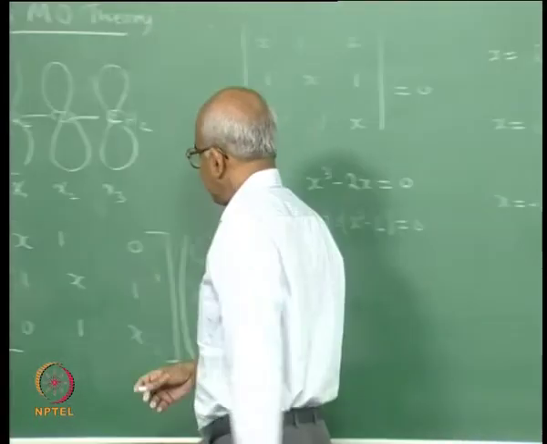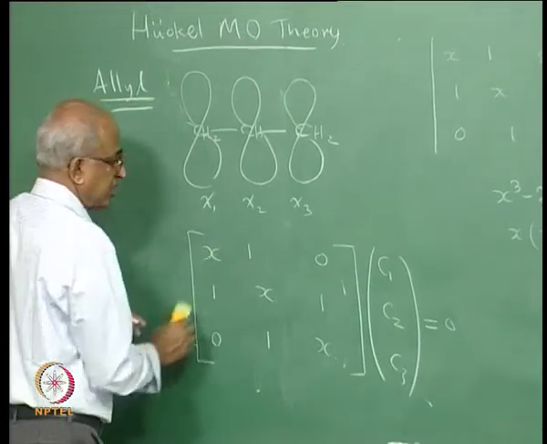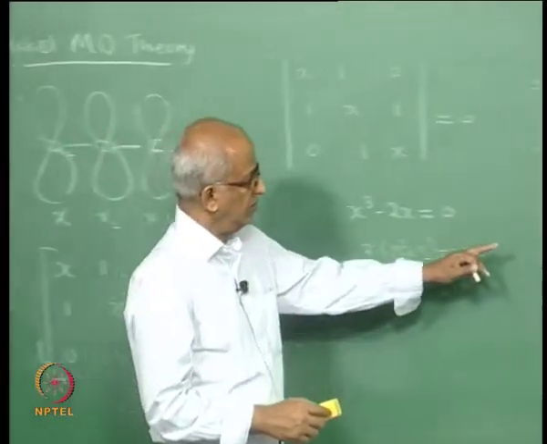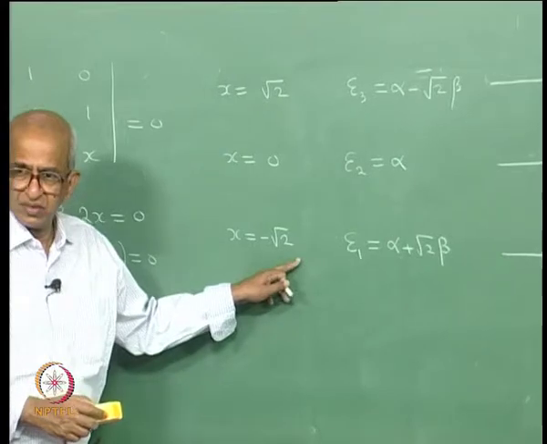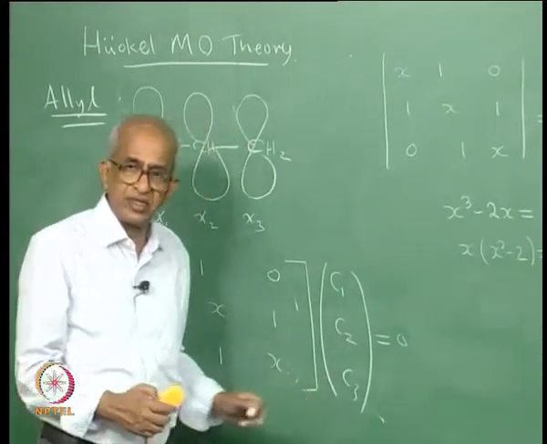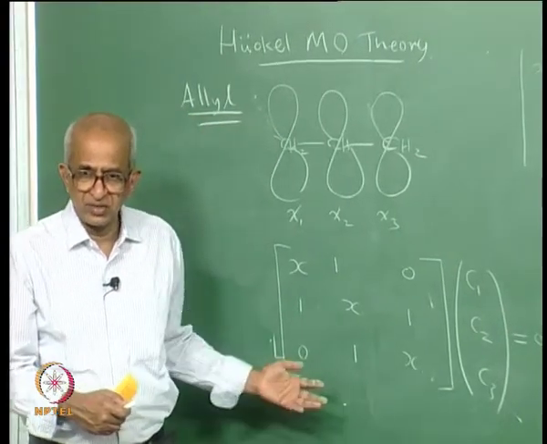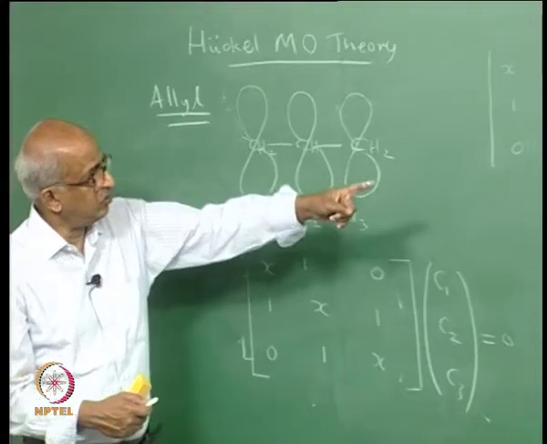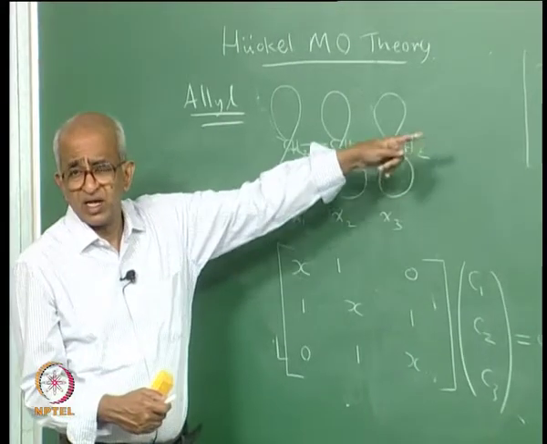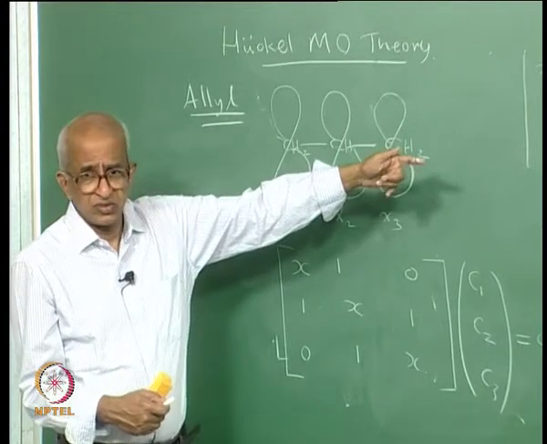But then you will ask, what about the corresponding expressions for molecular orbitals? That will take a little bit of time, because what I will have to do is I will have to put x is equal to minus root 2, then solve for C1, C2, C3, find C1, C2, C3, then normalize the orbital. And similarly, you can do with x is equal to 0 as well as x is equal to plus root 2.